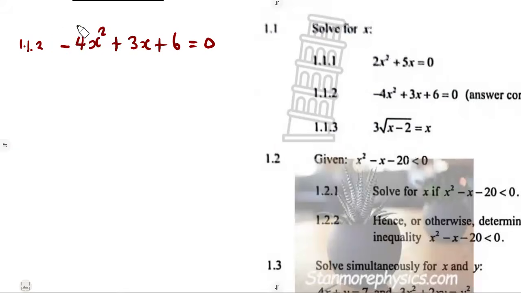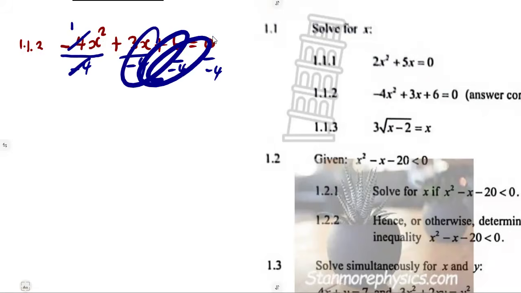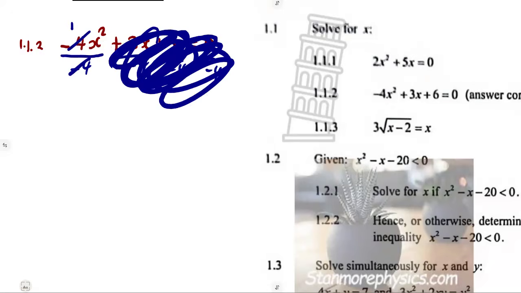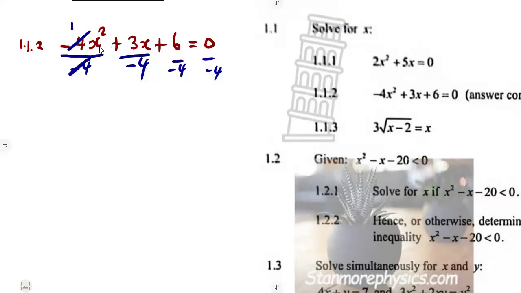We are supposed to divide by the coefficient that is given of x squared so that it becomes a 1. The moment you divide each and every term by negative 4, minus 4 and minus 4 cancel. Then we have 1. We are not worried about all other coefficients later on. We are worried about that one for x squared. It must be 1.